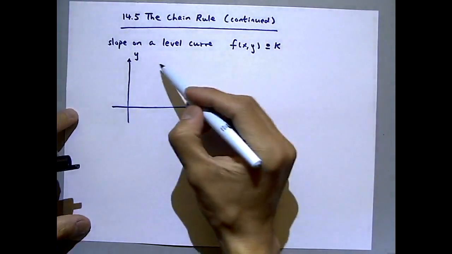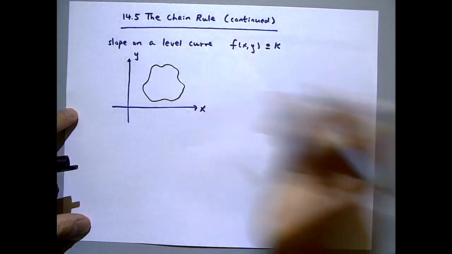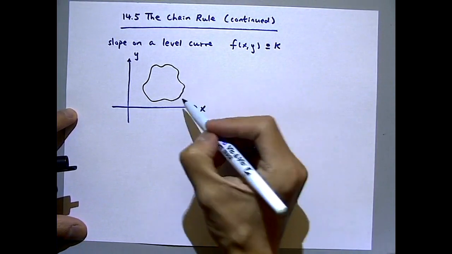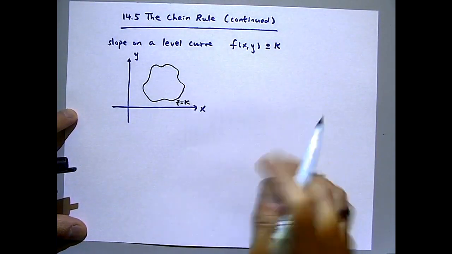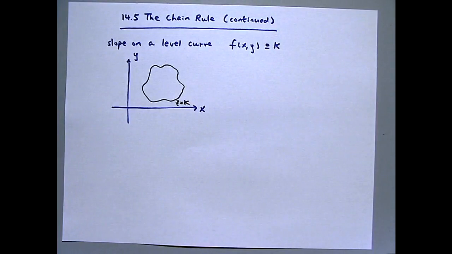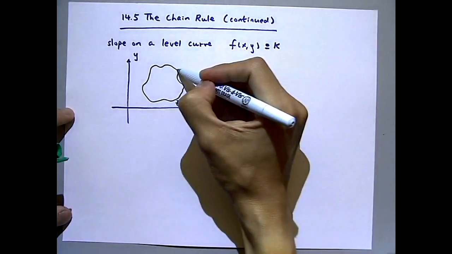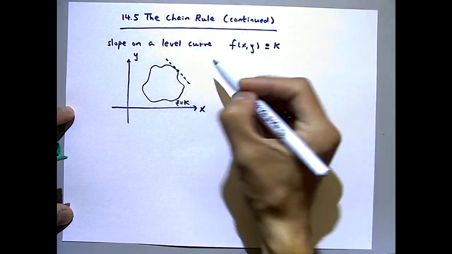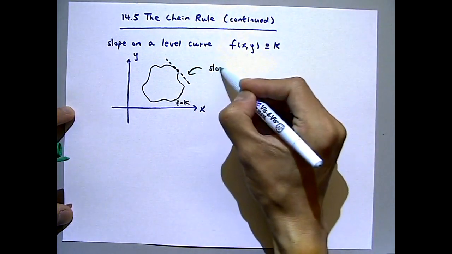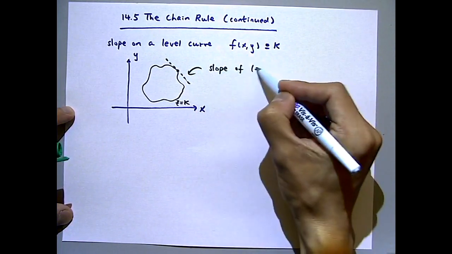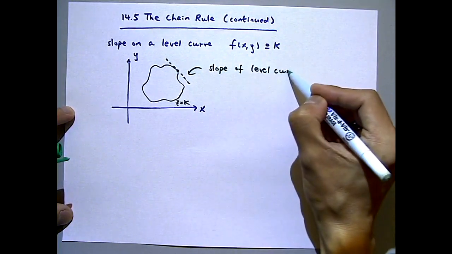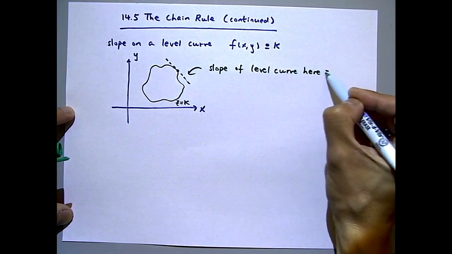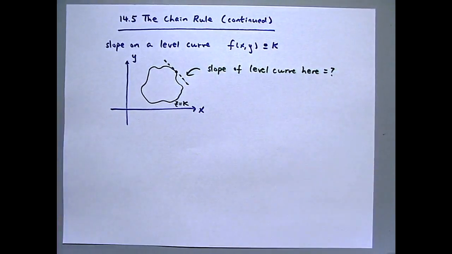So let's imagine our curve looks something like that. On this curve, z is equal to k. And for example, if we want to find out at this point what the slope is, okay? So that's what we're trying to find out here.